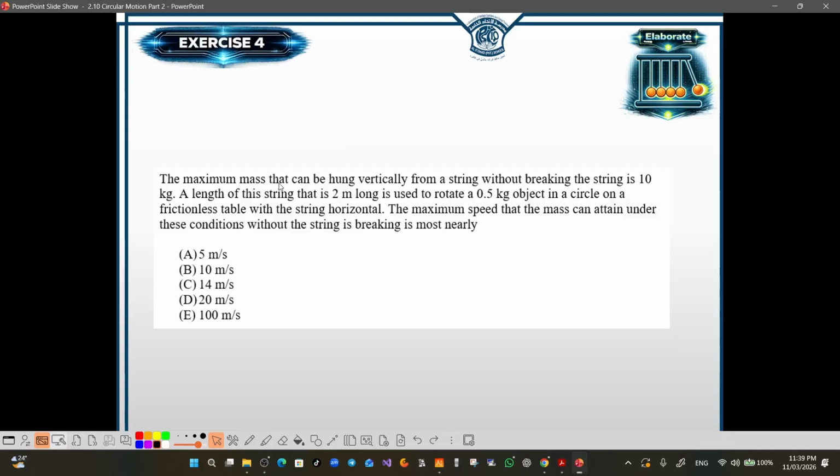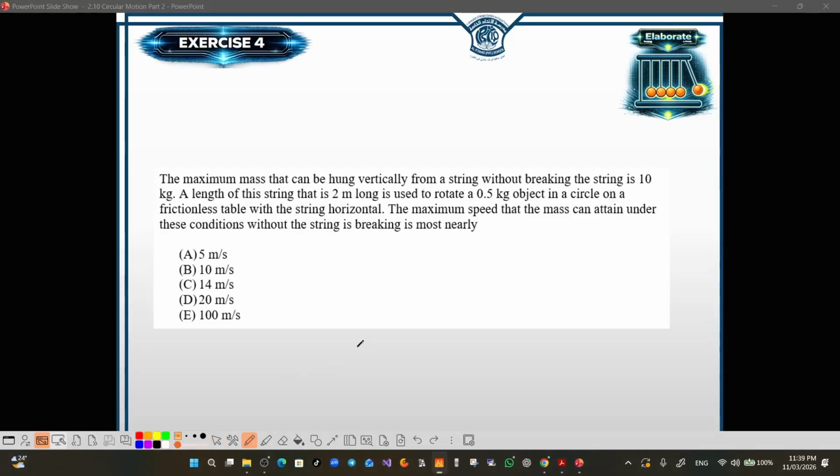The maximum mass that can be hung vertically from a string without breaking the string is 10 kilograms. So this is the maximum mass that we can use on the string without cutting it. Now, it's better to turn this information into force. The force involved in this scenario is the force of gravity.